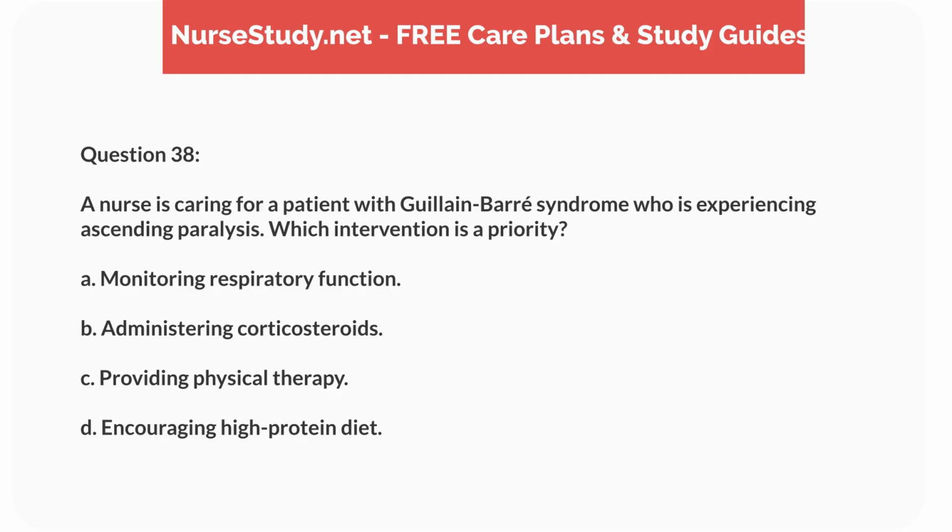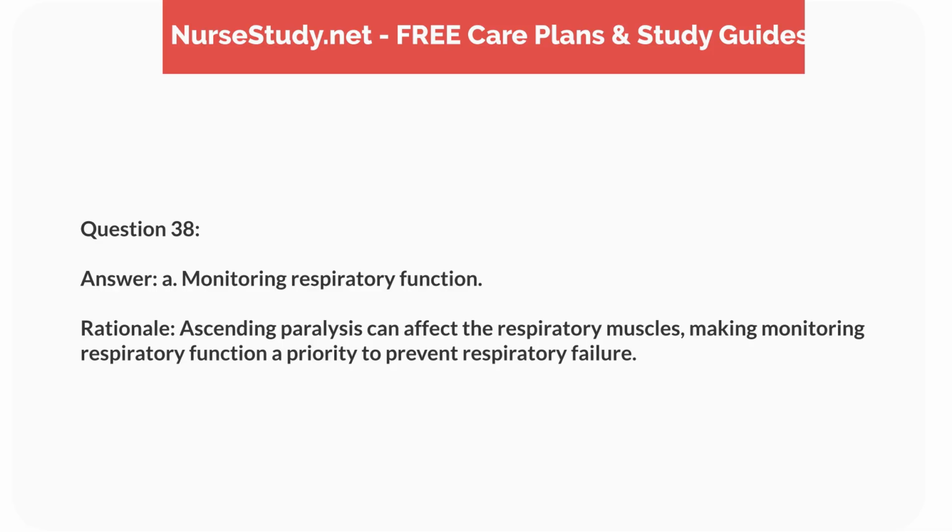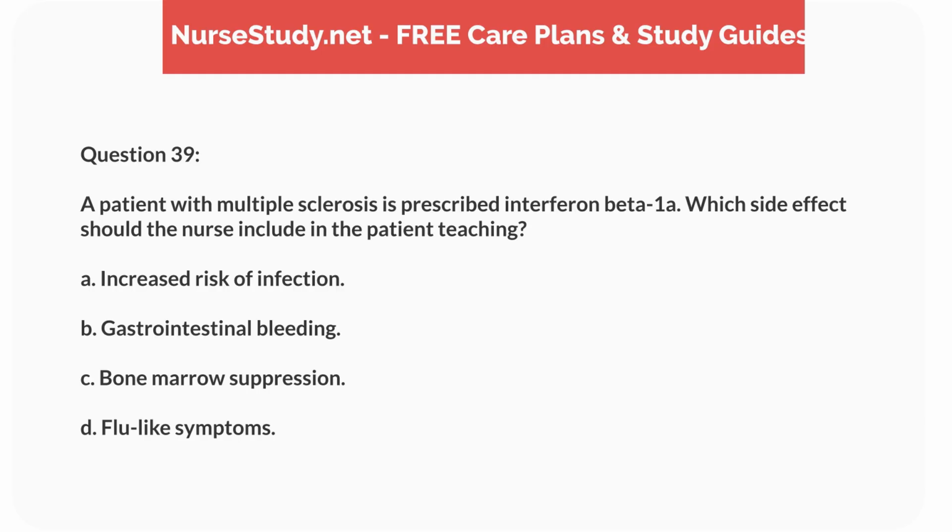D. Encouraging high-protein diet. Answer: A. Monitoring respiratory function. Rationale: ascending paralysis can affect the respiratory muscles, making monitoring respiratory function a priority to prevent respiratory failure.